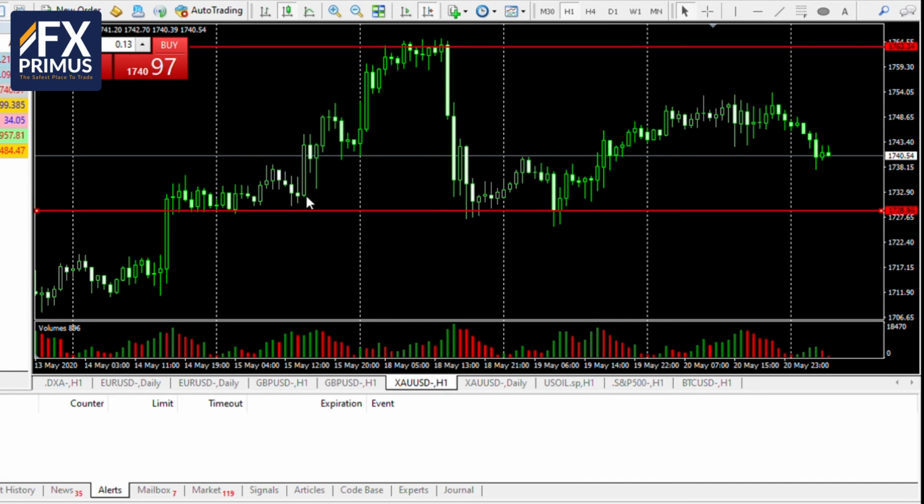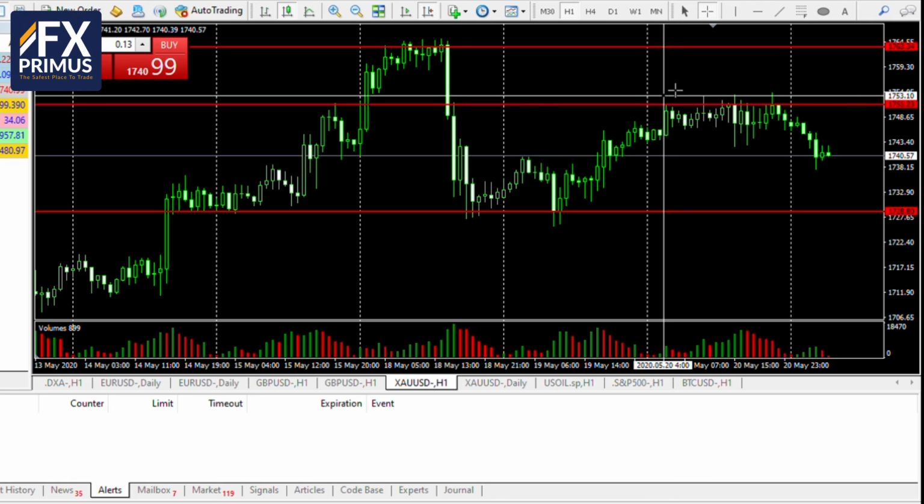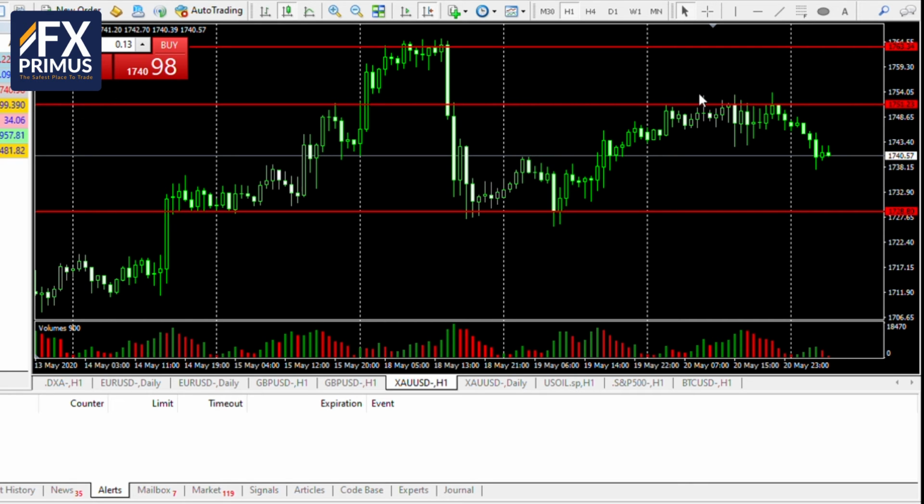Yesterday it was mostly sideways. I would term it as sideways. It was just trading to a high of about 1,753, but the resistance was mostly at 1,751, and as of this morning it is pushing back down again.